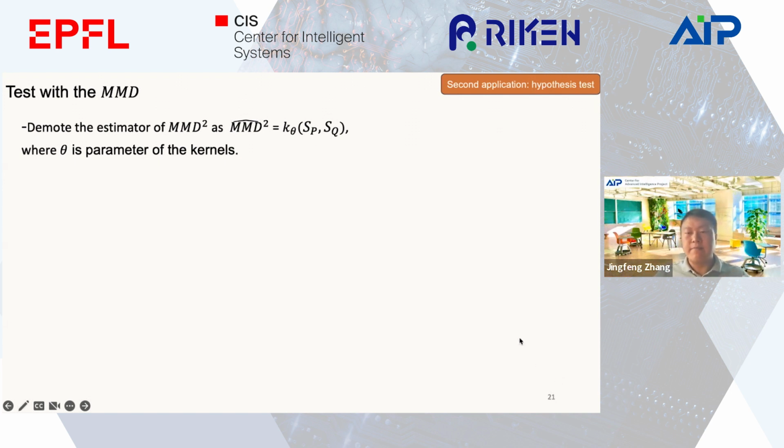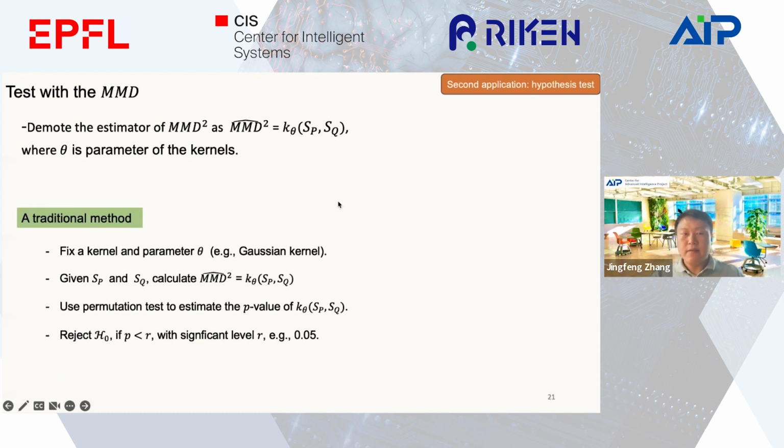Let's make the notation simple. We denote the MMD squared hat estimation by kernel K parameterized by theta, like this. Then how to test? First, we fix a kernel and its parameters, such as a Gaussian kernel and its length scale.